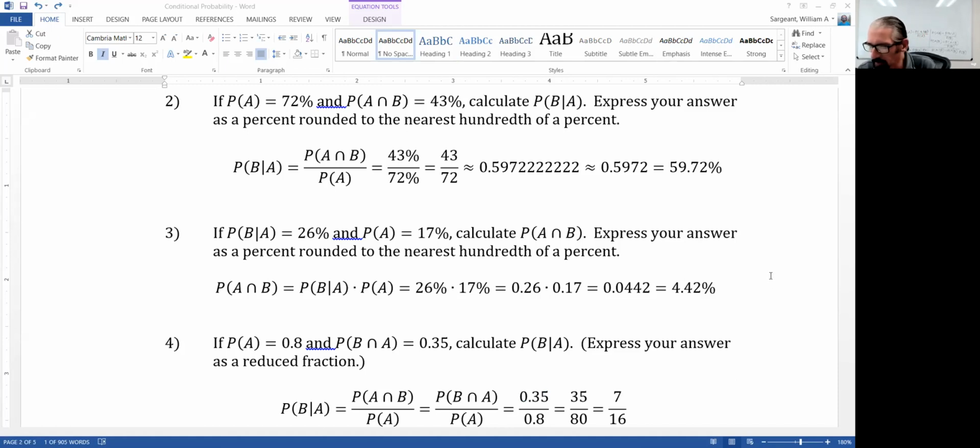So, although I could multiply top and bottom by 100 and then reduce dividing top and bottom by 5, we can just put in 0.35 divided by 0.8 on the calculator now.